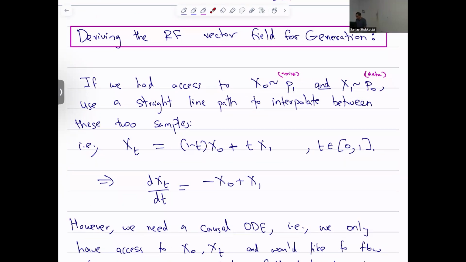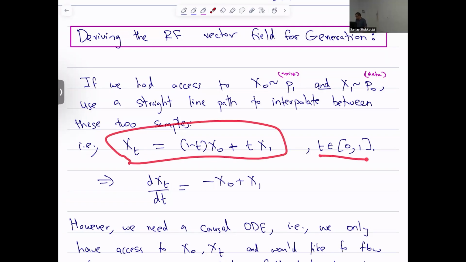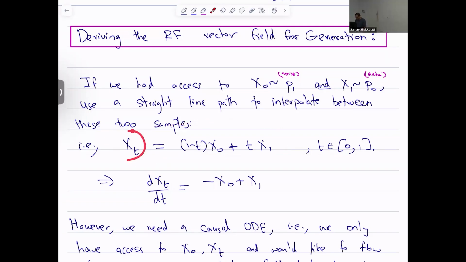I want to do an interpolation between these two. The simplest interpolation is a straight line interpolation. Time goes from 0 to 1. At any time t, I will write xt equal to (1 minus t) x0 plus t times x1. It's just an interpolation between these two samples. It's a straight line between these two.